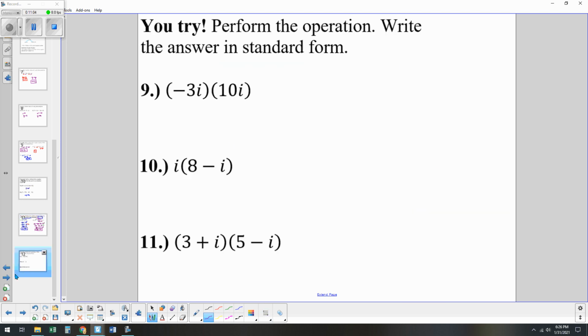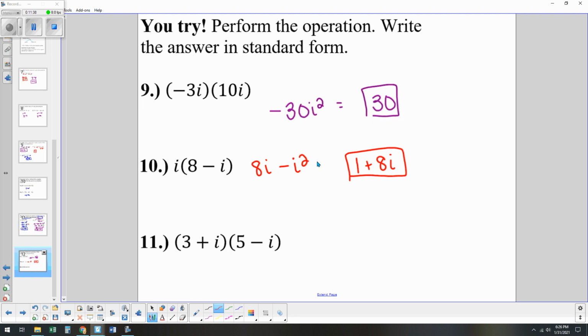All right, you go ahead, try the last set. You could pause it, and I will show the answers. All right, so here are our answers for these three.